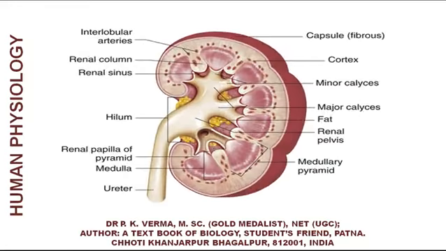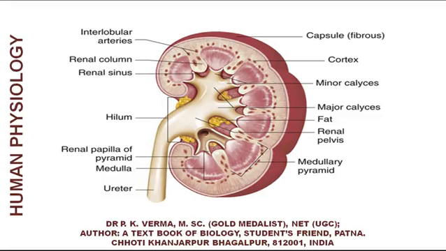See in this diagram, the outer part is cortex, inner part is medulla. In the medulla, the urine collecting ducts form minor calyx and 2 or 3 such minor calyces join together to form major calyces.